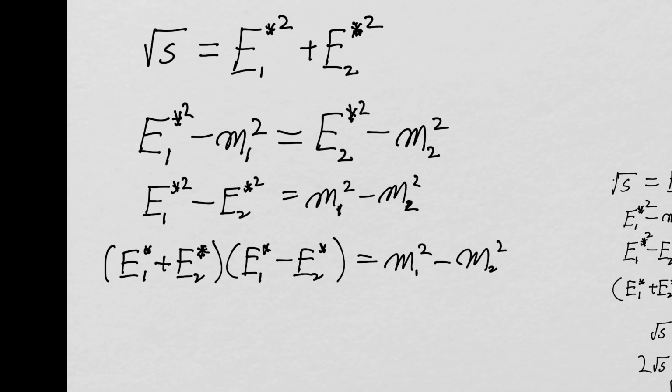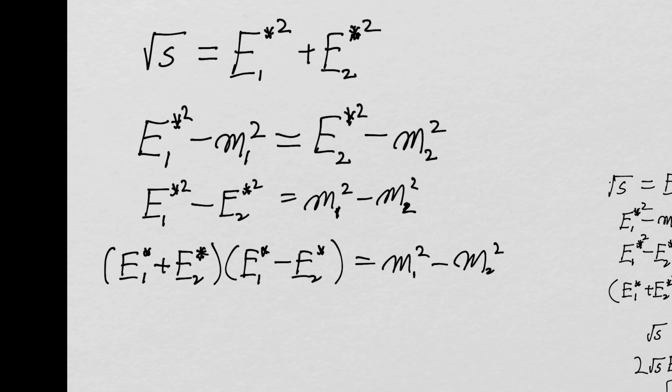And with this, we can immediately make a substitution. Oops, look, I think I did something wrong here. There shouldn't be squares here, right? S itself, S equals E1 star plus E2 star, squared, right? So the square root of S gets rid of that square.